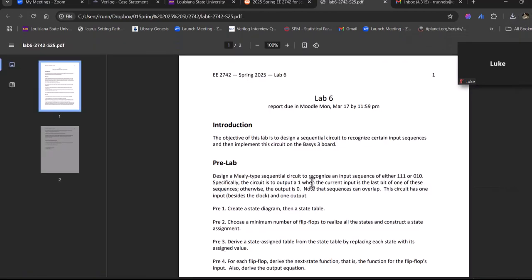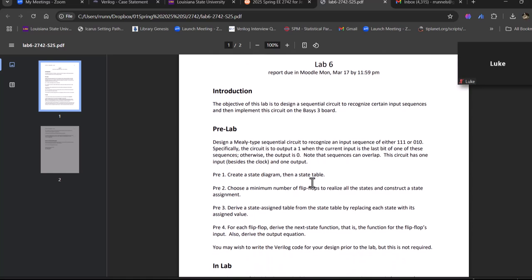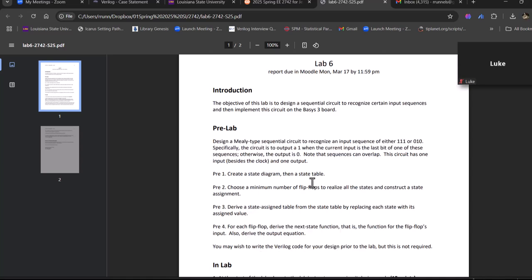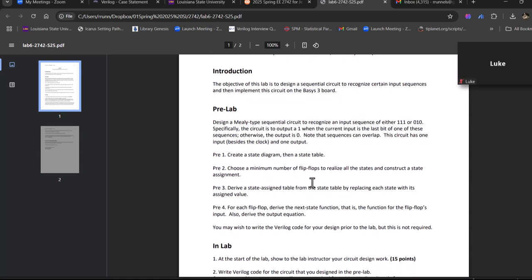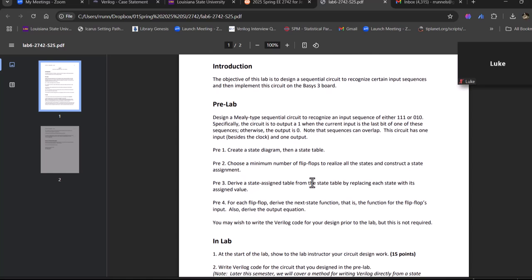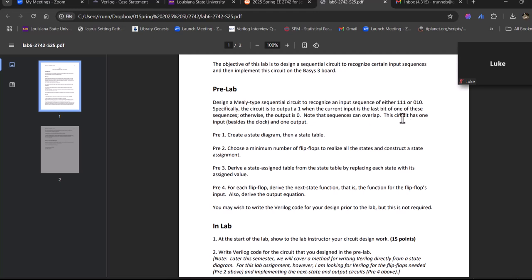Design a Mealy-type circuit to recognize an input sequence of either 1, 1, 1 or 0, 1, 0. Specifically, the circuit is to output a 1 when the current input is the last bit of one of these sequences, otherwise the output is 0. Note that sequences can overlap. This circuit has one input besides the clock and one output.